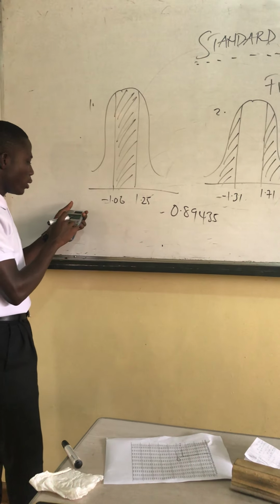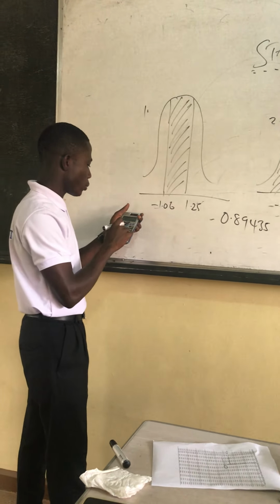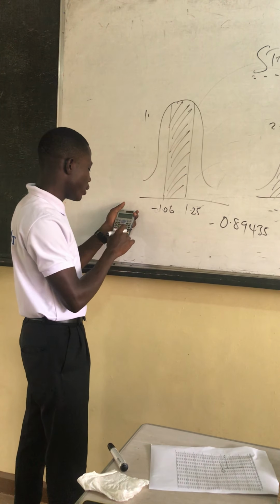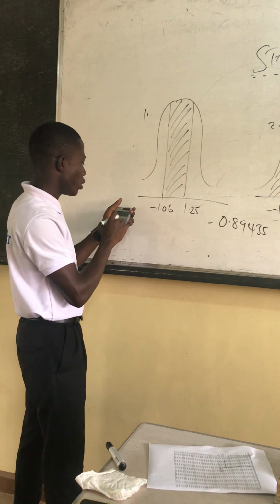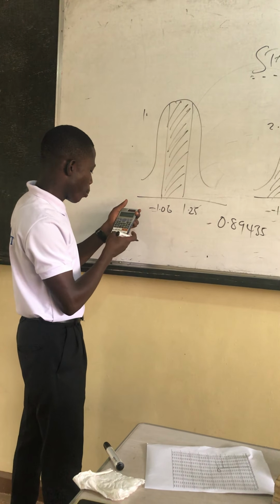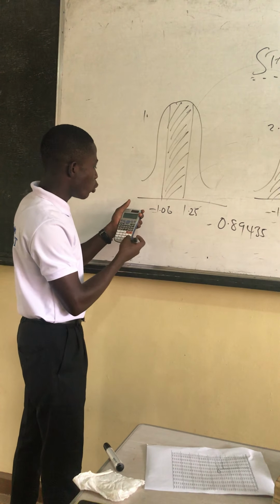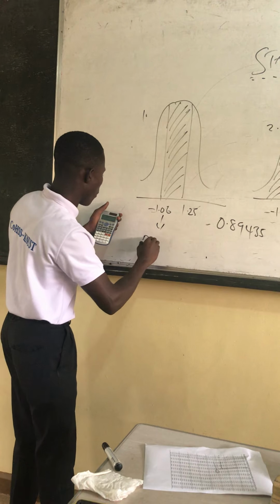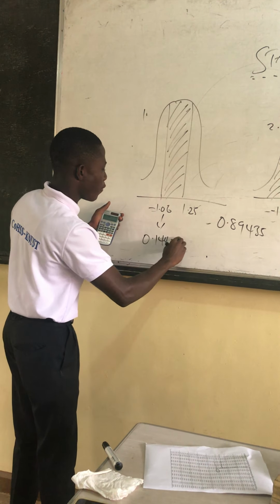And this one too, negative 1.06. Negative 1.06 on the calculator is 0.14457.